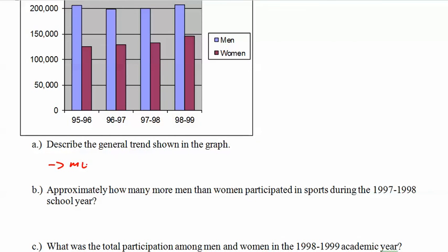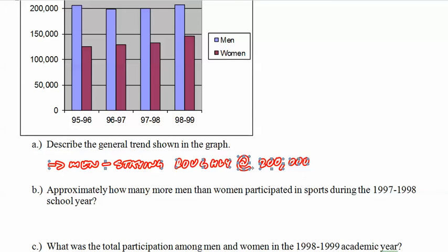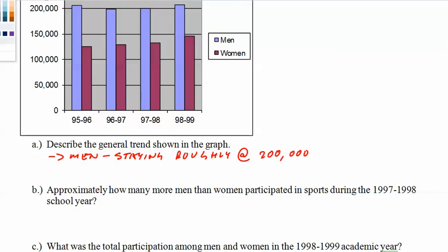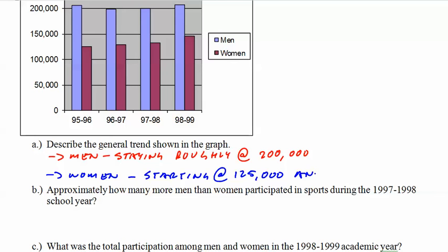I would say men staying roughly at 200,000, and I would say women starting at about 125, and moving up.